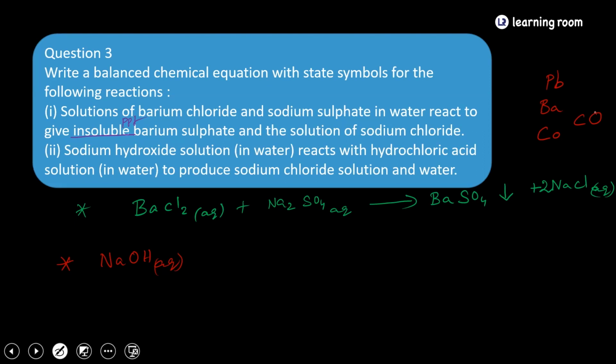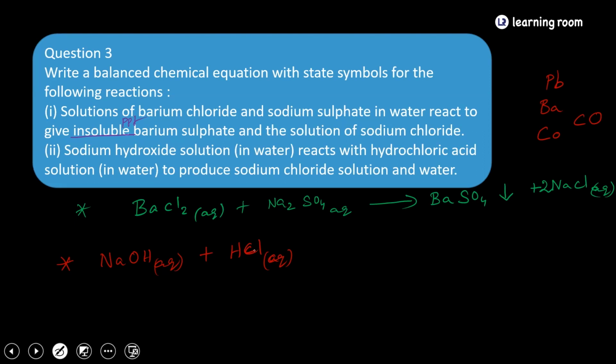Sodium hydroxide aqueous solution reacts with hydrochloric acid solution, HCl aqueous. I told you hydrogen chloride is a gas. How do they prepare hydrochloric acid? Hydrogen and chlorine react and give hydrogen chloride gas. One beaker full of water is taken, and the gas tube is dipped into the water, so the hydrogen chloride gas gets saturated in the liquid.